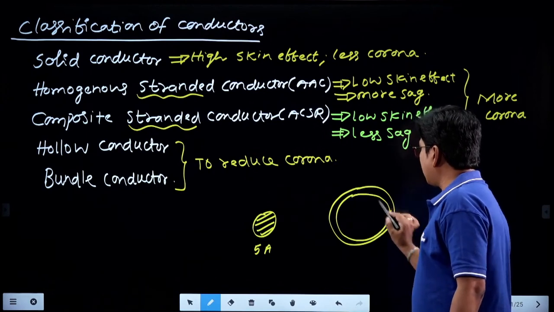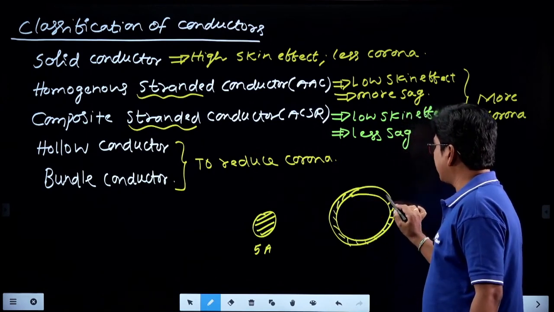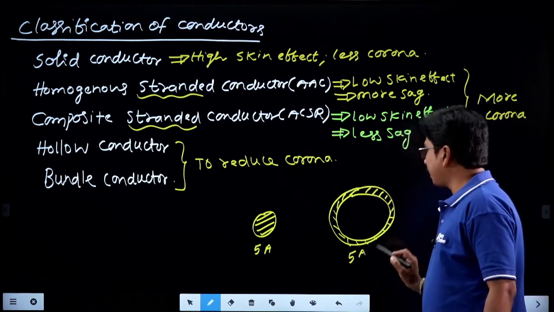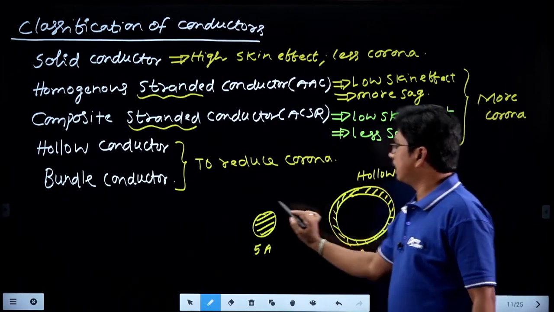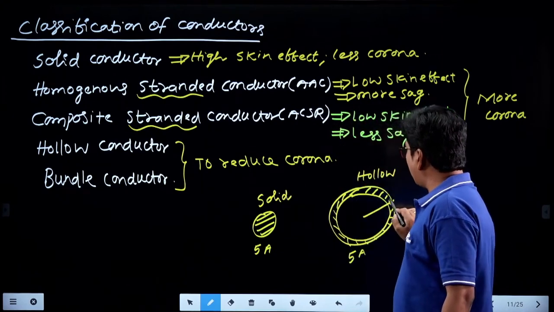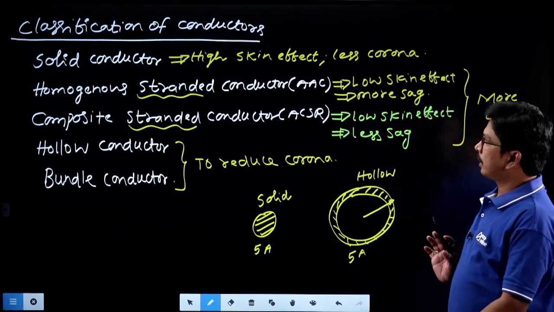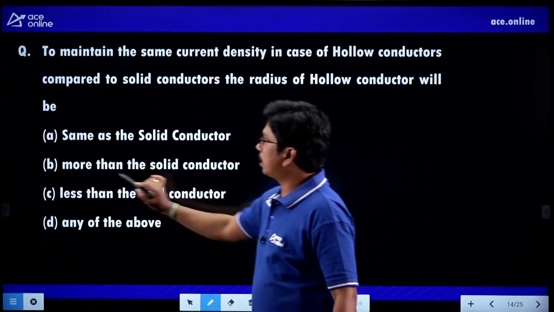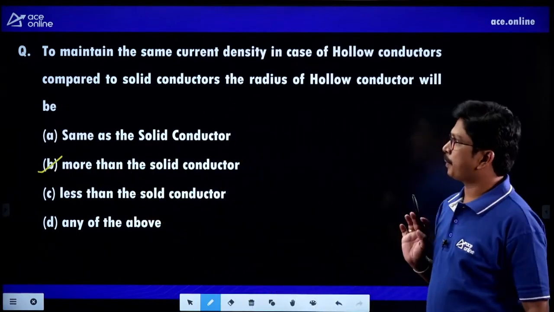The hollow conductor is a cylindrical drum type of conductor. So the radius of the hollow conductor is more than that of the solid conductor. Clear, right? Very simple one.